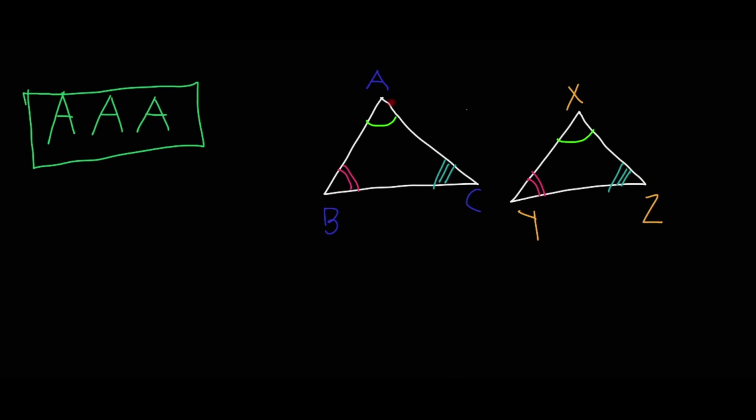O ka kgona bona gore di angles kaofela di a lekana. This angle e lekana le this angle, this one e lekana le this one, and then this one e lekana le this one.